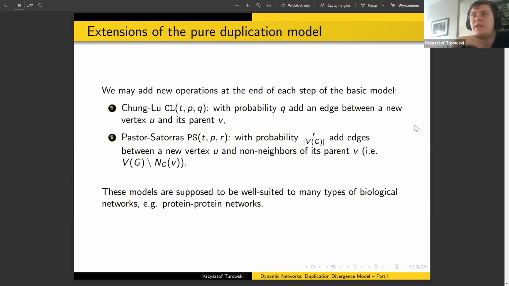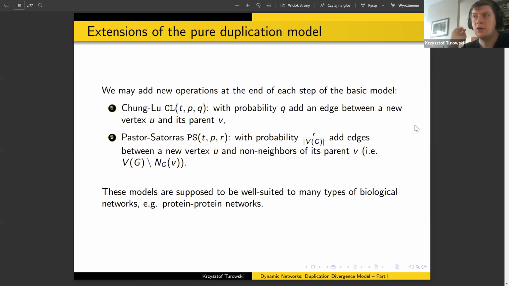So there was another modification proposed by Pastor-Satorras. Chung and Lu are two different people, and Pastor-Satorras is one man, actually, with two surnames. He and his collaborators proposed a model which would be described as follows. We perform every duplication step as before. Then we perform additional operations.